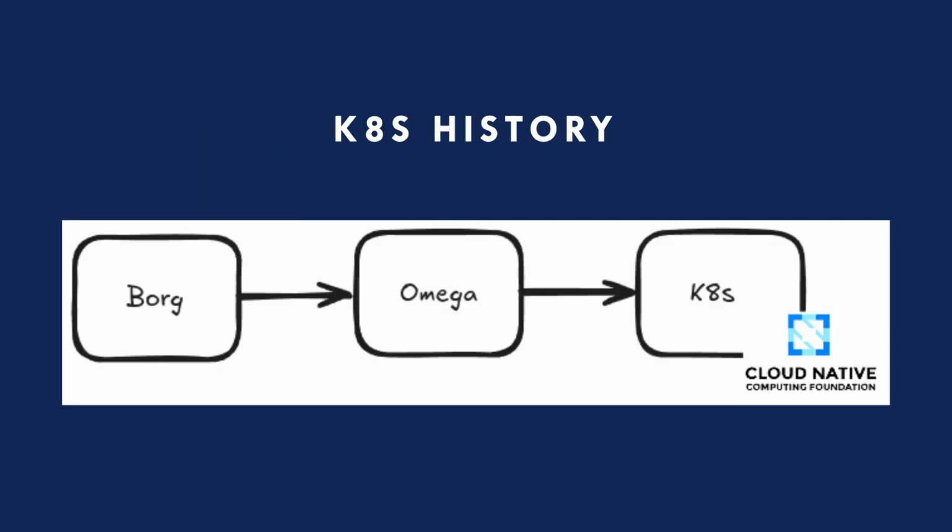Now, in terms of Kubernetes history, Kubernetes did not start from scratch. Okay, it has a history behind it. It all started in Borg, which was an internal Google project.